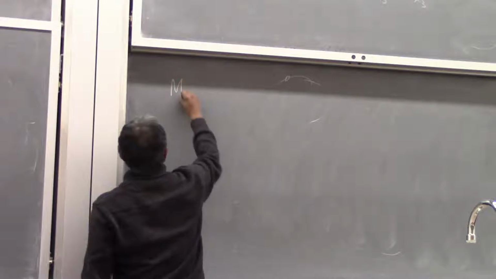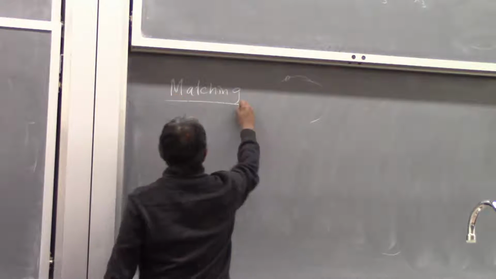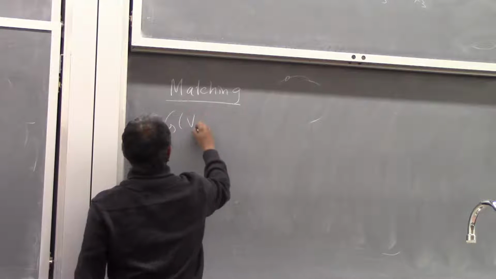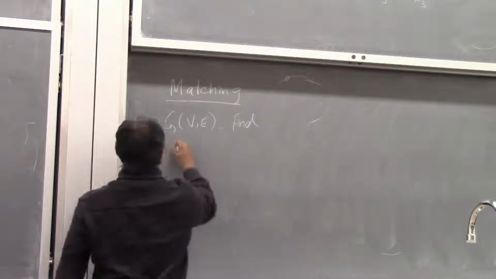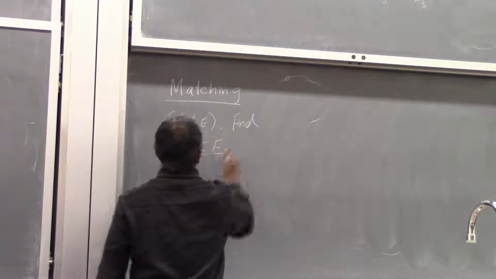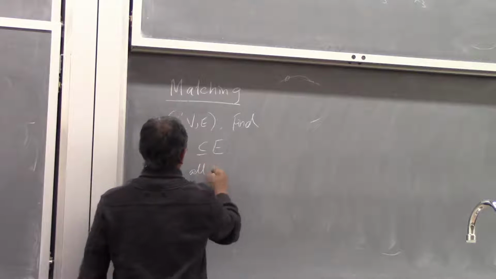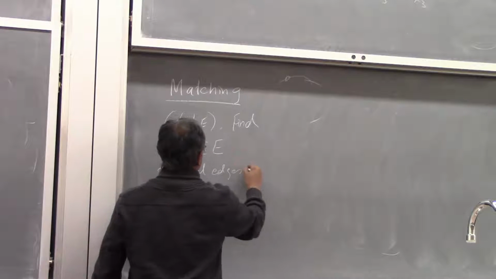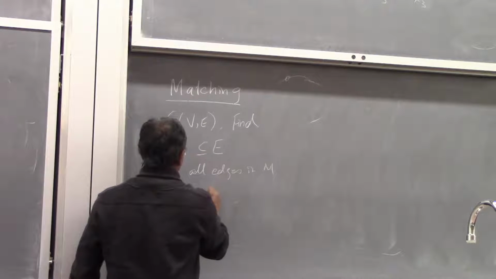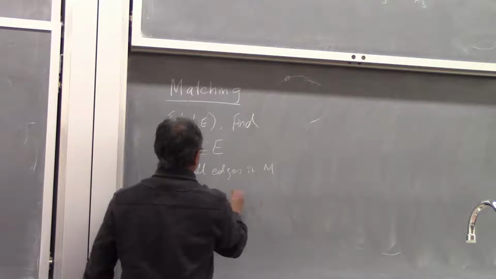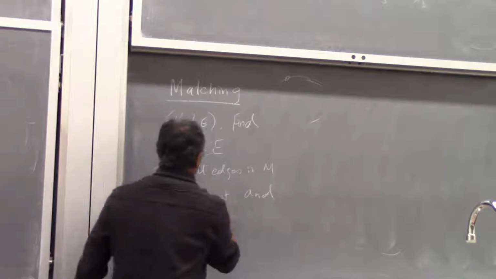So we've all seen the problem of matching. You're given a graph, and you want to find a subset of the edges M such that all edges in M are disjoint and the size of M is maximum.